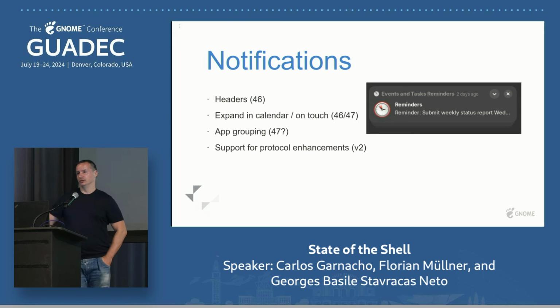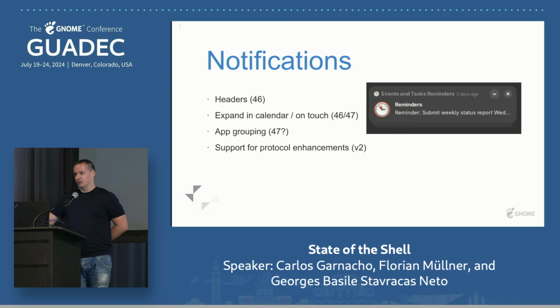We hope to implement grouping by app this cycle, but it's still with a question mark because the merge request is still in draft status, and even if it gets submitted for review today, UI freeze is creeping up on us, so we will probably honor the good old tradition of asking for a freeze exception.